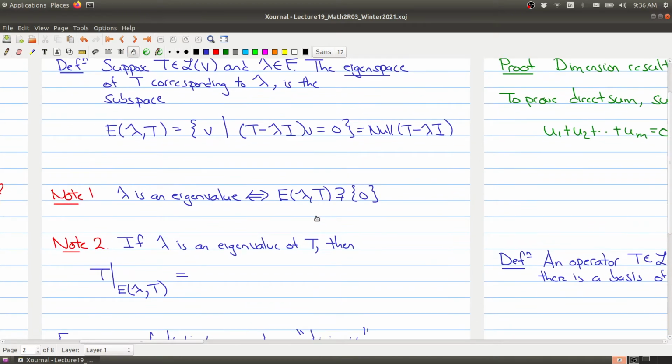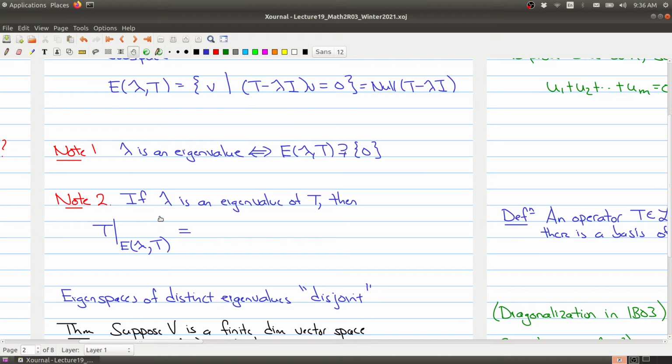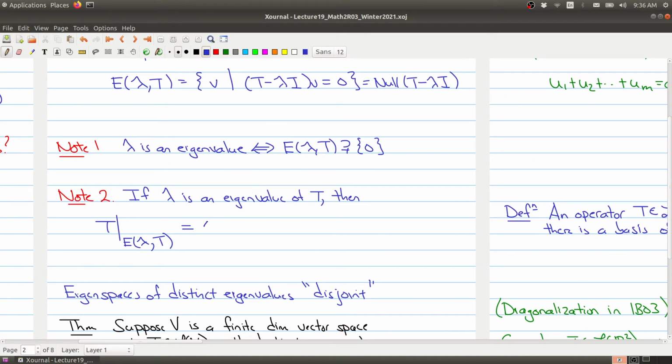The other thing we get is that if lambda is an eigenvalue of T, then when you restrict the operator to this subspace, it's the same thing as just multiplying by the number lambda. Let me write that out.